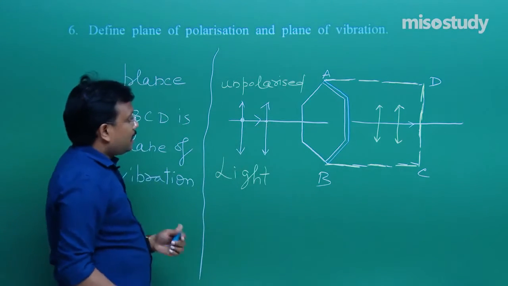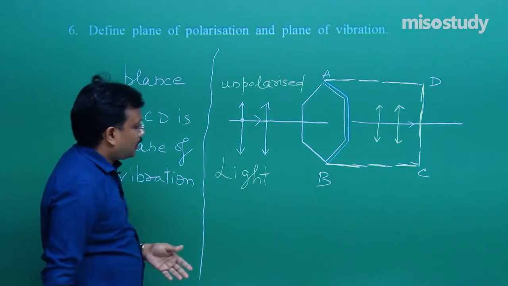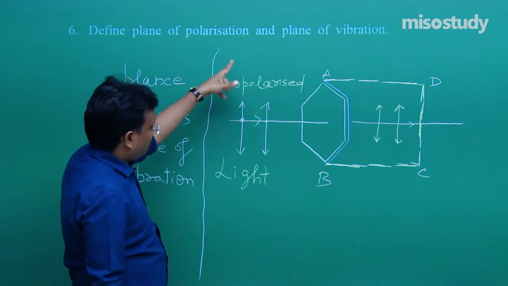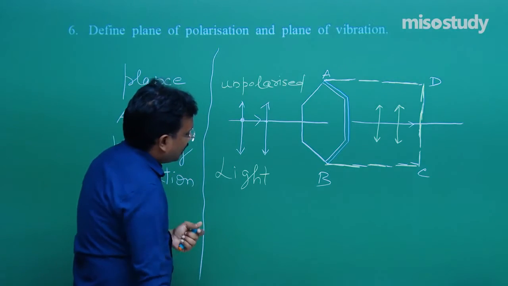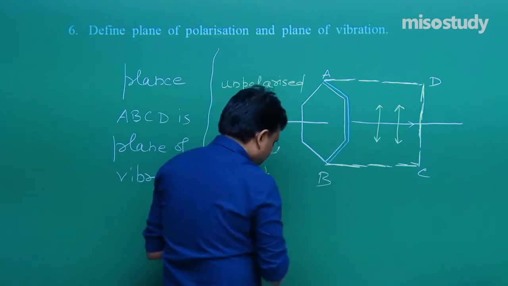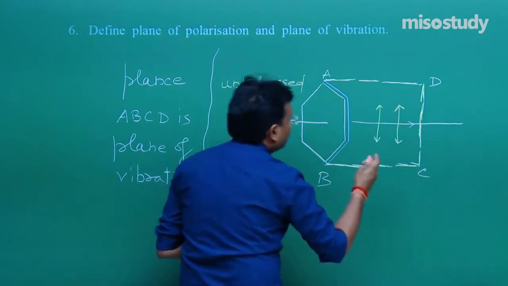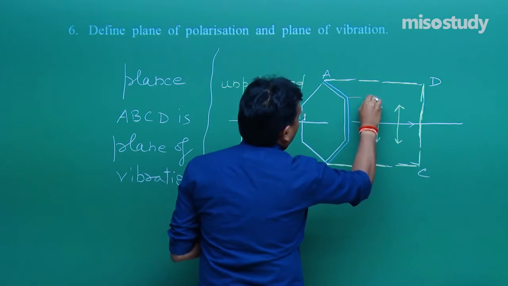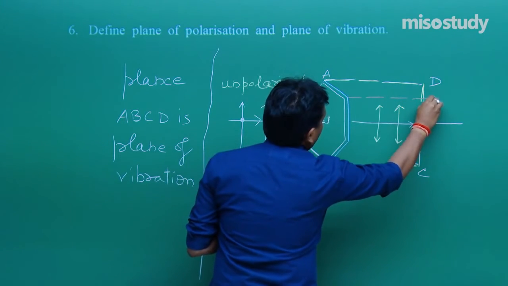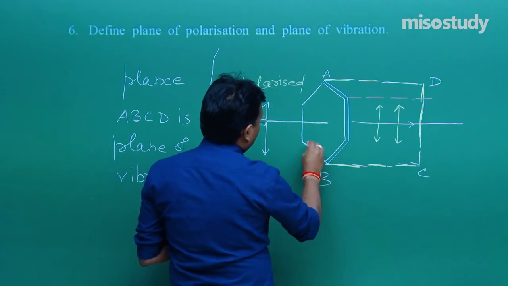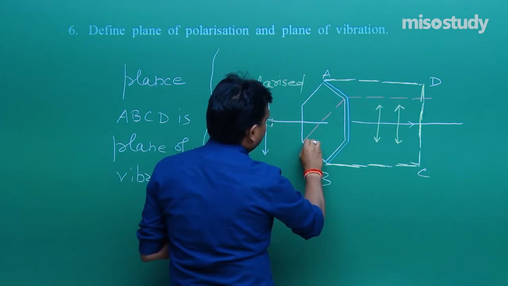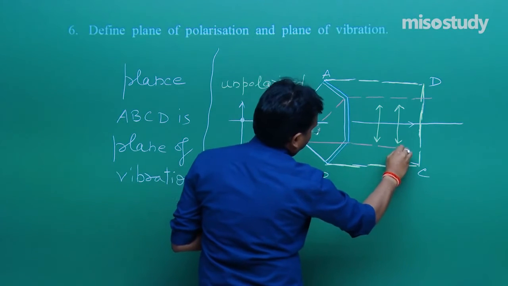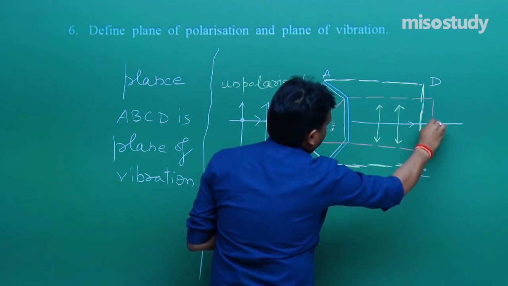First thing. Now, in the same diagram you can also show the plane of polarization. Now, how can you show the plane of polarization? Let me explain it. I think I should use a different color chalk, like this, then like this, like this.